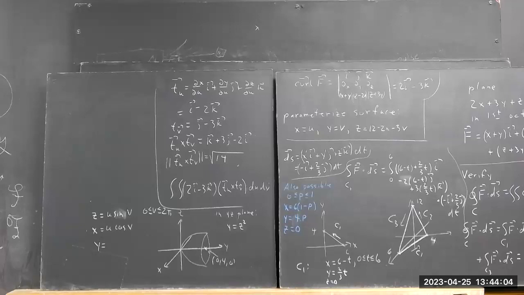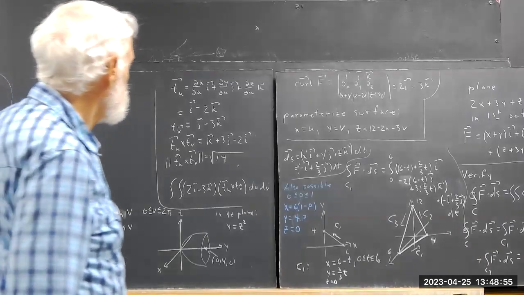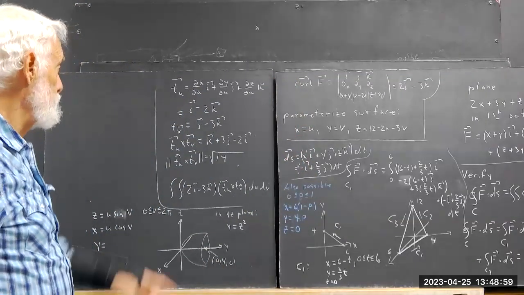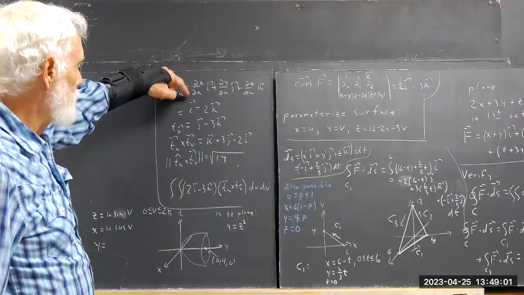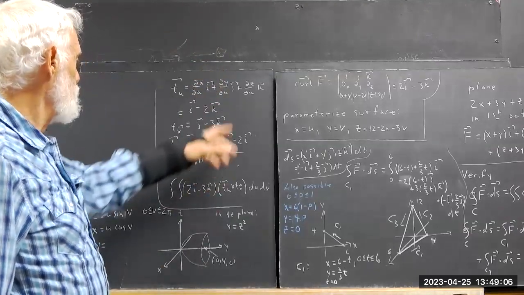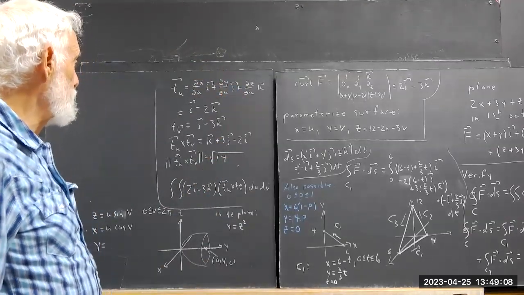Ooh, none of that was recorded. Okay, I'm not sure what we've done. But for this example over here, T_u is the partial with respect to x times i, with respect to y times j, with respect to z times k.